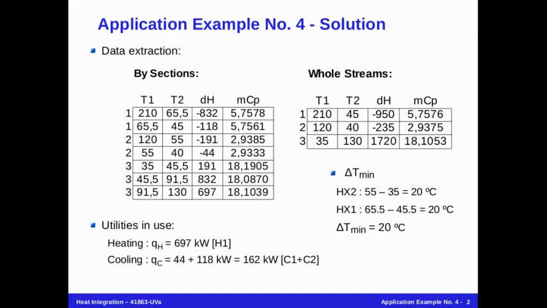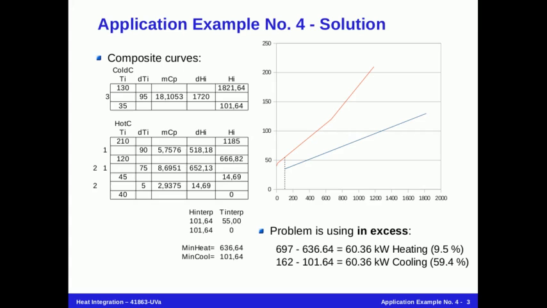So we can calculate and draw the composite curve and calculate the minimum heating and cooling and compare with the current use. The cold composite is very simple because it has just one stream.